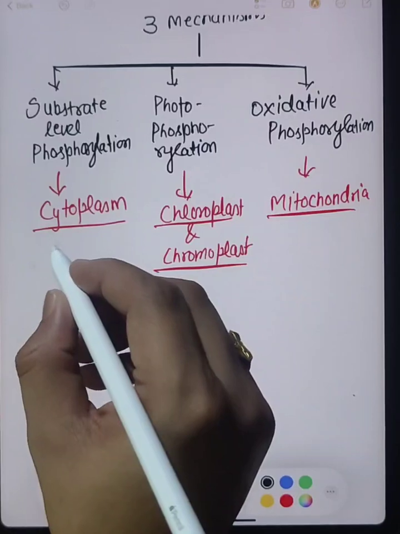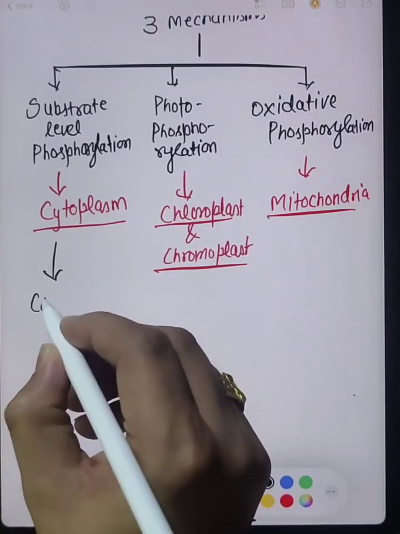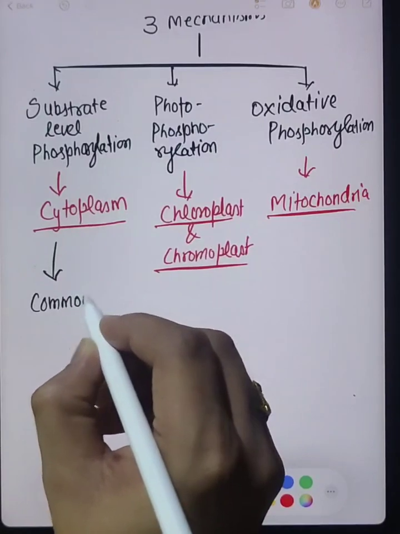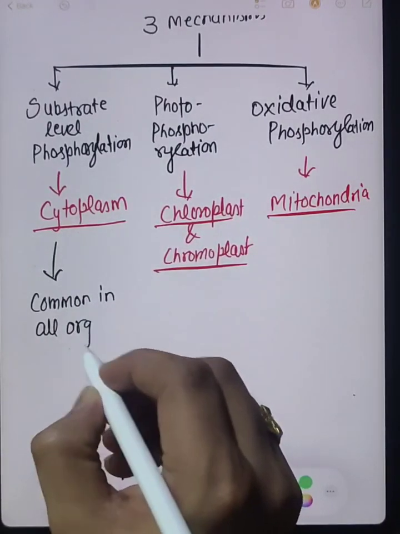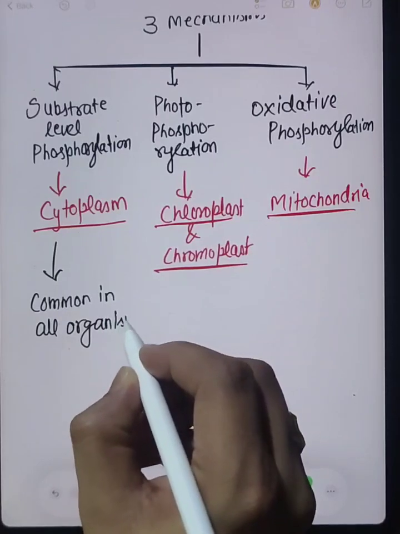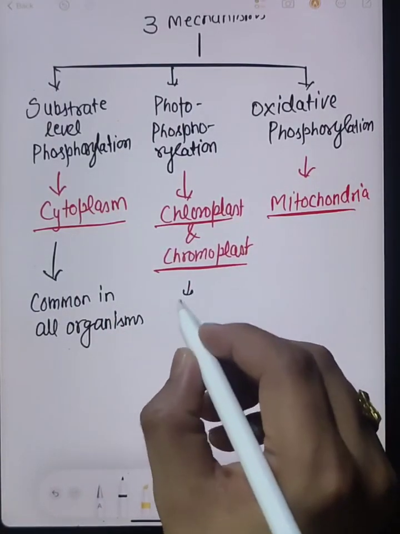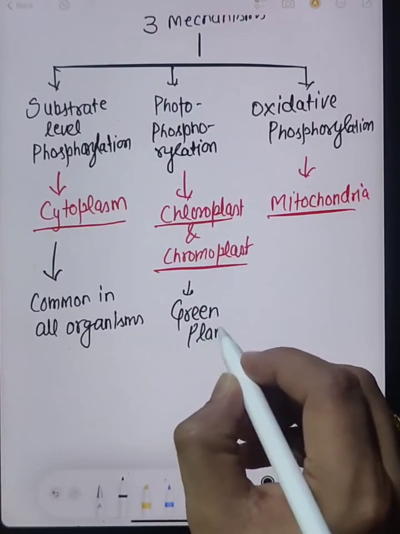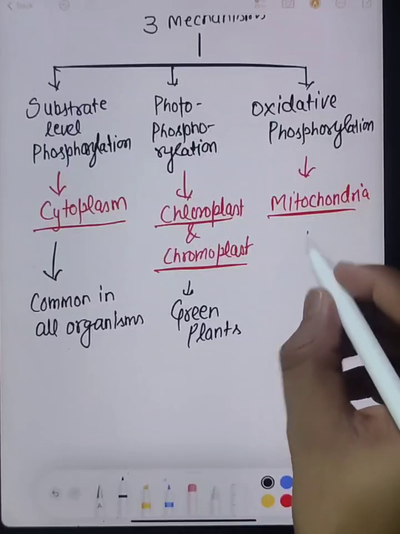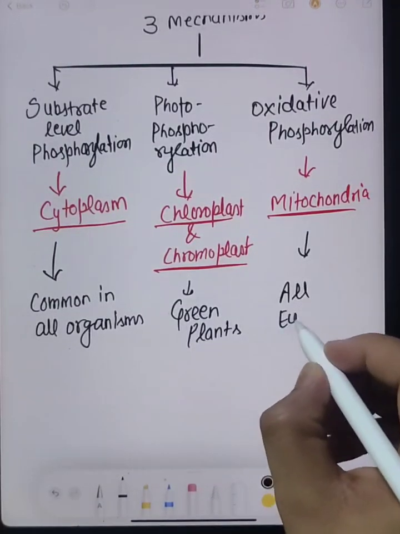Substrate level phosphorylation is common in all organisms, photophosphorylation in green plants, while oxidative phosphorylation is in all eukaryotes.